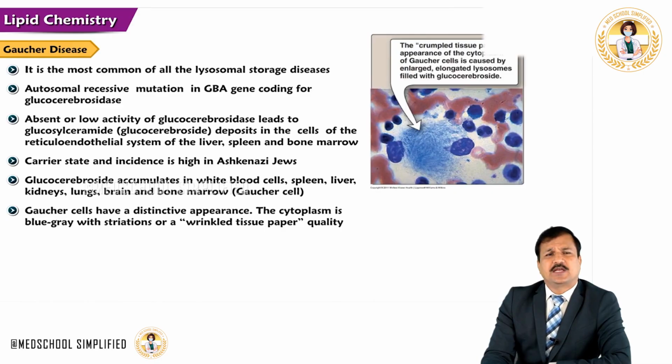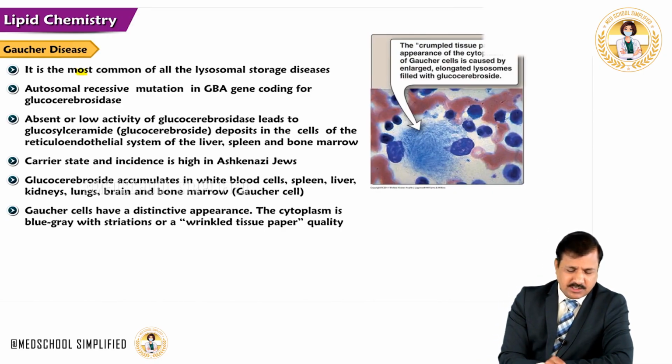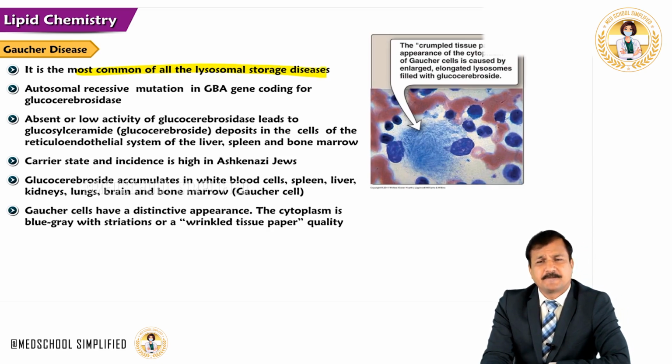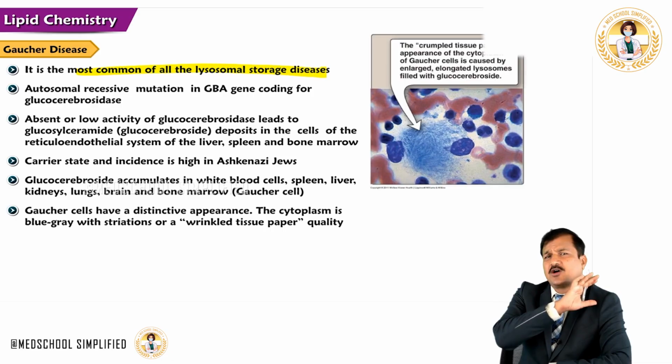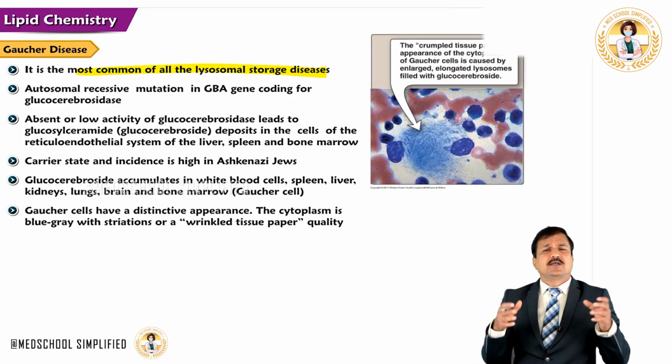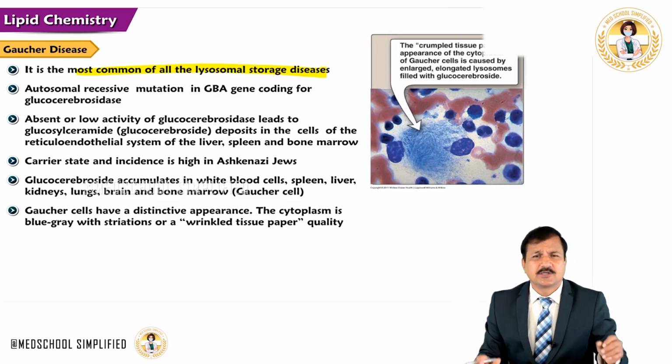Now let's move on to see Gaucher's disease. Gaucher's disease is the most common of all lysosomal storage disorders. Remember that. If you consider all lysosomal storage diseases, not necessarily sphingolipidoses, it can be any lysosomal storage disorder.